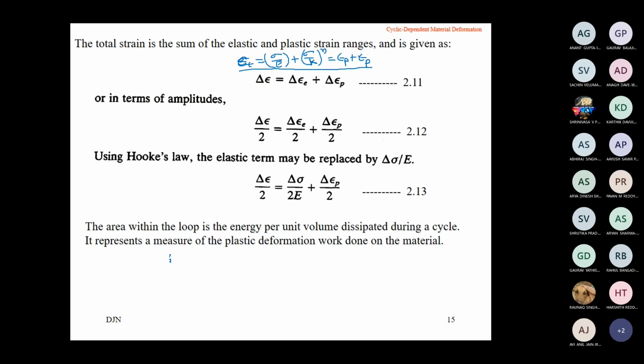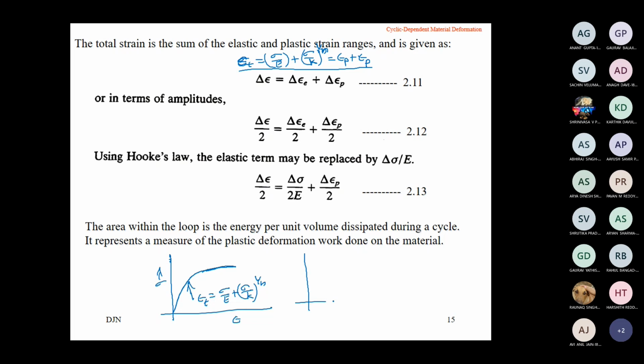So we have the monotonic curve. For this curve, we can write the Ramberg-Osgood equation, total strain, sigma by E, plus sigma by K to the power 1 by n. Okay, power 1 by n.